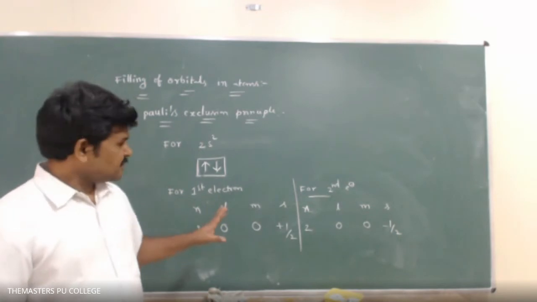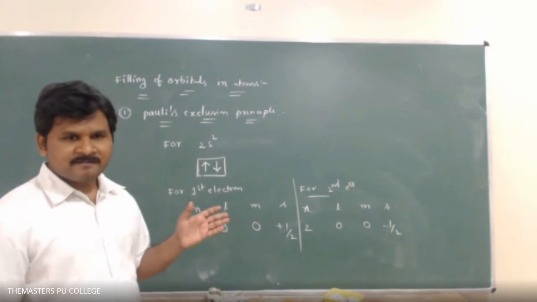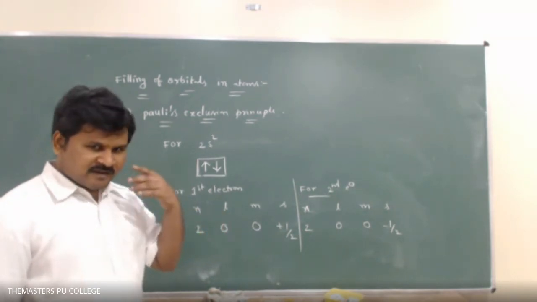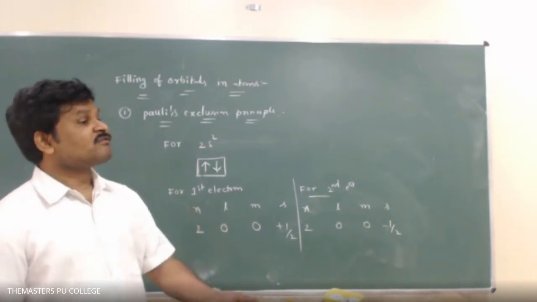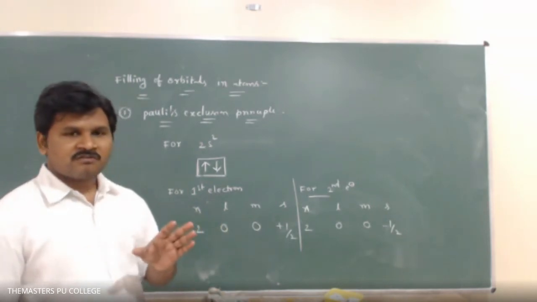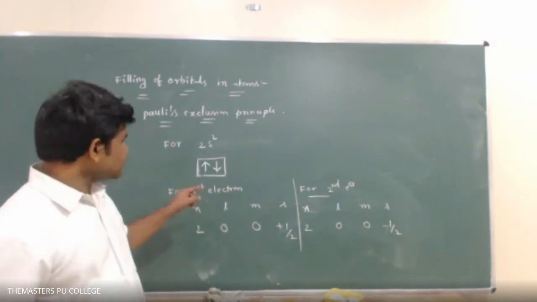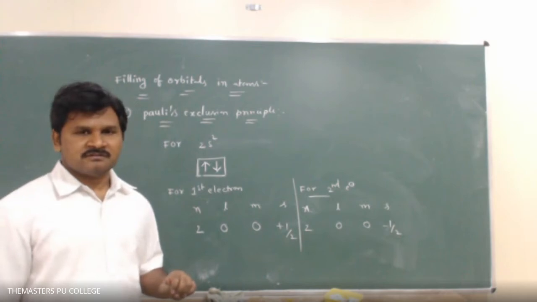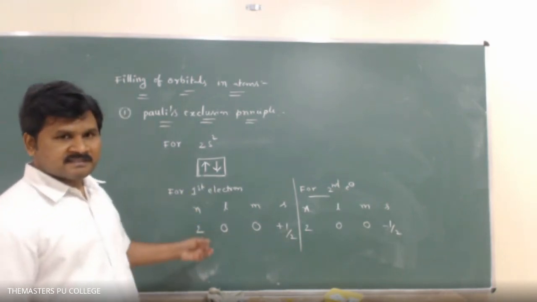Three are the same, but the fourth one is completely different. So no two electrons in the same atom can have the same set of 4 quantum numbers. The 4 quantum numbers cannot all be the same. That is called Pauli's exclusion principle. This is the answer, this is the explanation.